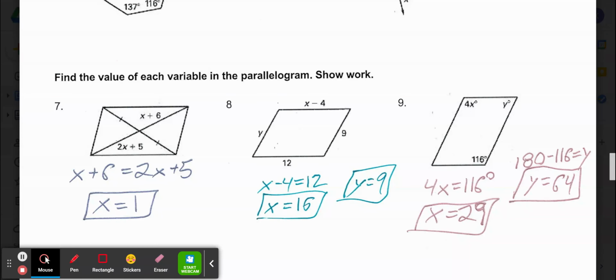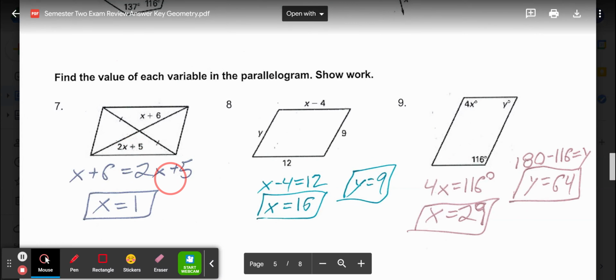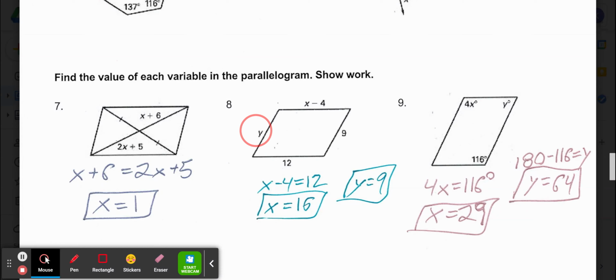Then 7, 8, and 9, using some of our properties of parallelograms. In 7, we know diagonals are bisecting each other. So the x plus 6 would equal 2x plus 5. Solve that, and x equals 1. In 8, we know opposite sides are congruent, so y equals 9, x minus 4 equals 12, so x would equal 16.